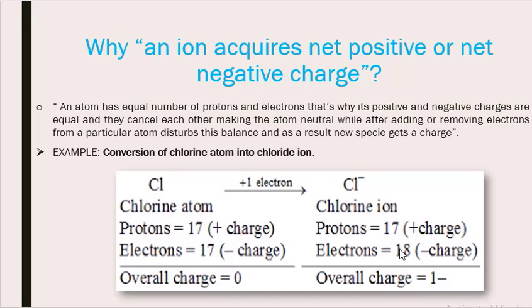Due to 17 protons, the positive charge inside the nucleus will be positive 17 and negative charges around the nucleus in the form of electrons will be negative 18. And taking their algebraic sum, it will be negative 1. So overall charge or the net charge on chloride ion will be negative 1.